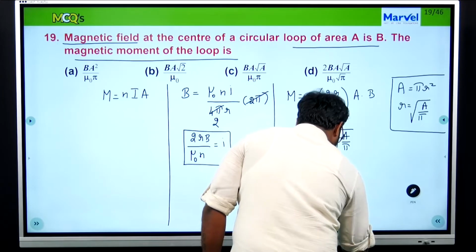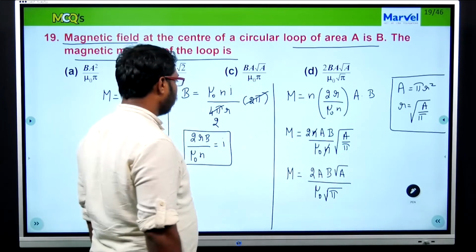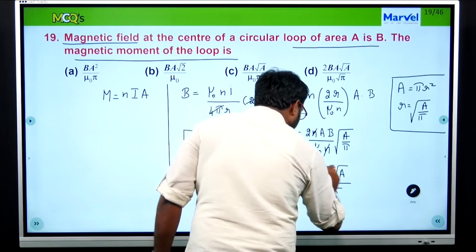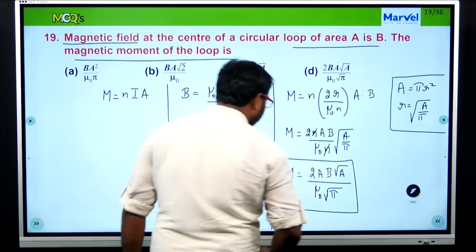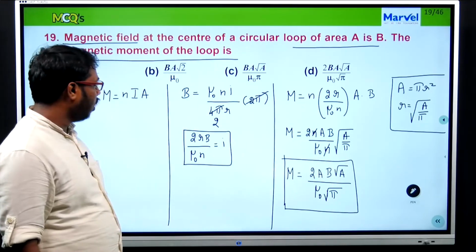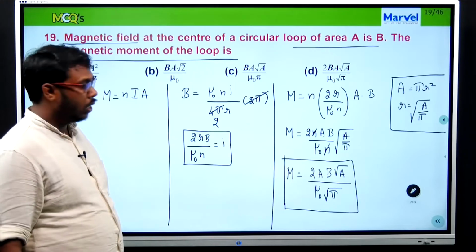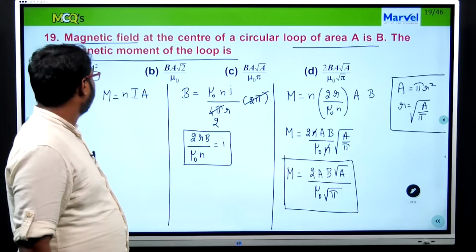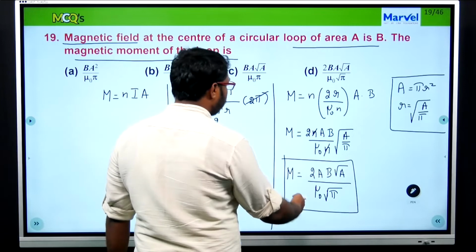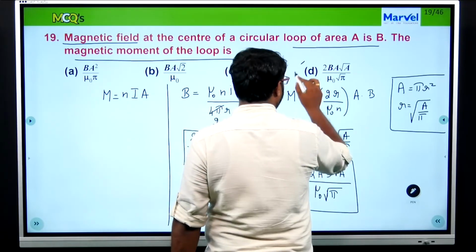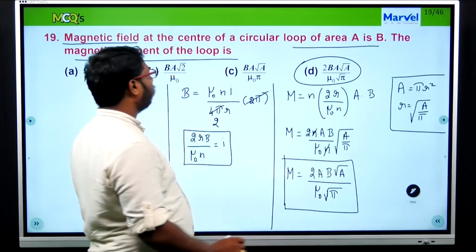This is the expression for the magnetic moment of a circular loop. So from this I get to know that my answer is option D.